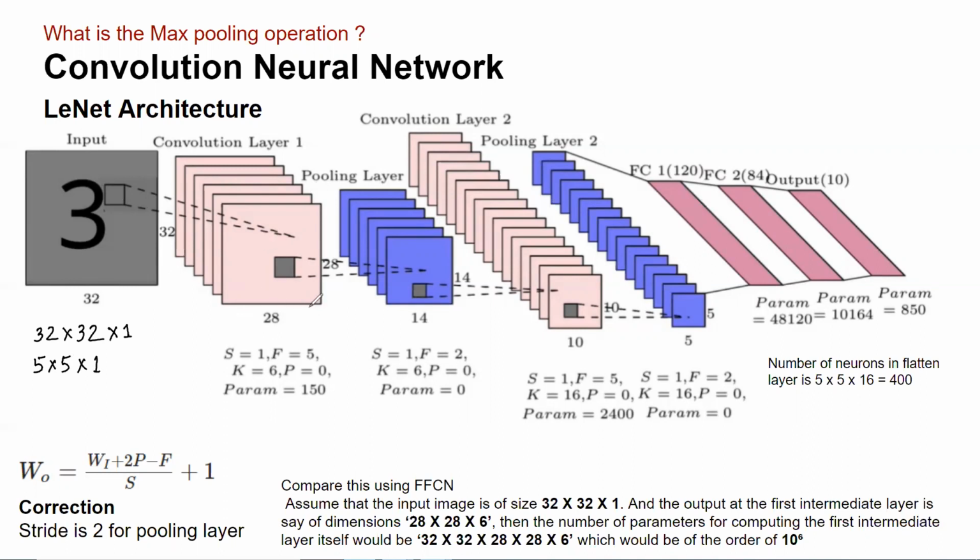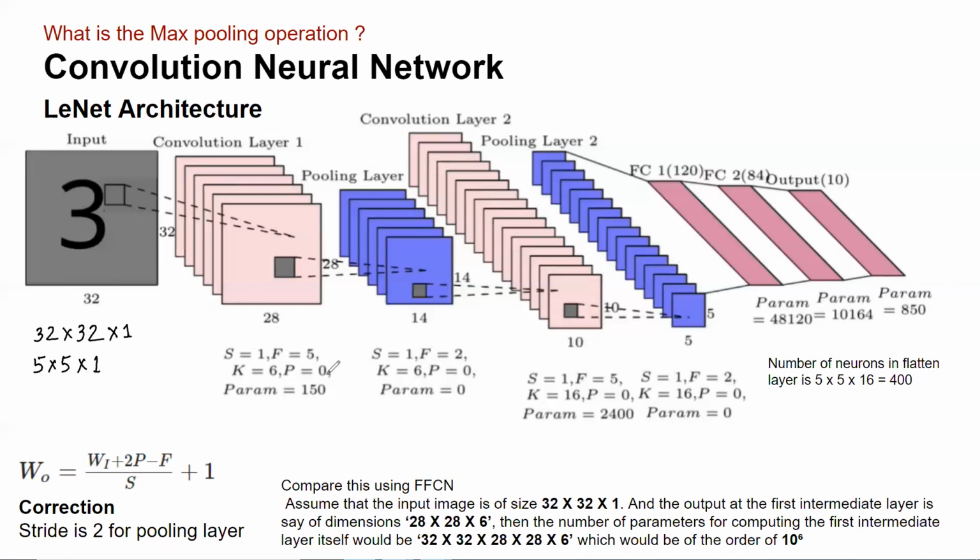And I'm following certain configurations. In this case, I'll be taking stride equal to 1. That means I'm not jumping over any pixel, I'm just doing it pixel by pixel. I'm not using any padding.